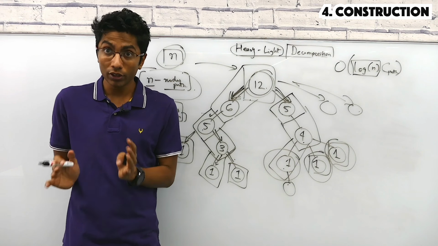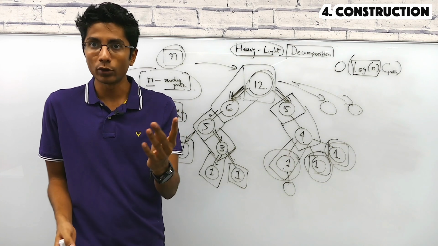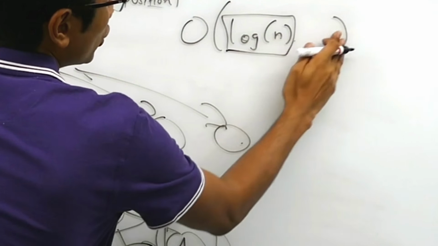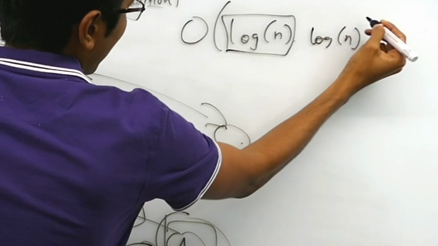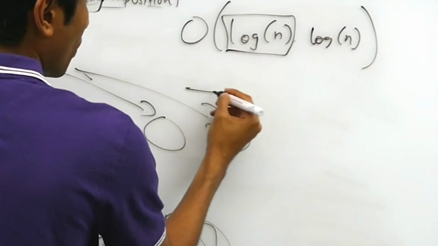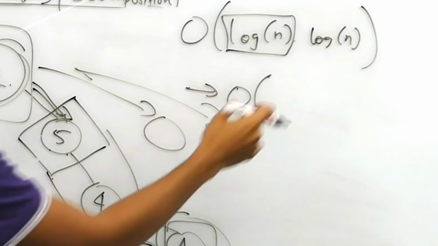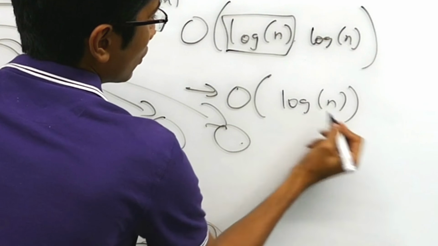If you get rid of half the number of nodes you have, it's going to take you log n time to hit just one node, which gives us the total number of chains you have in your path can be at most log n, and therefore the total time complexity that you have is order time required in a segment tree into the total number of chains you can have, which is log n the whole square per query.